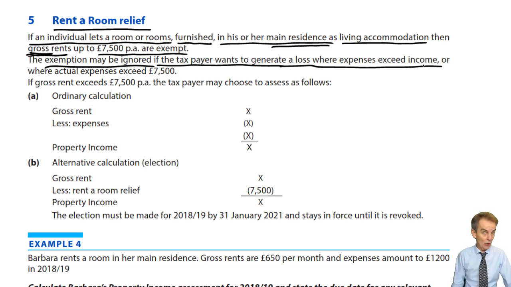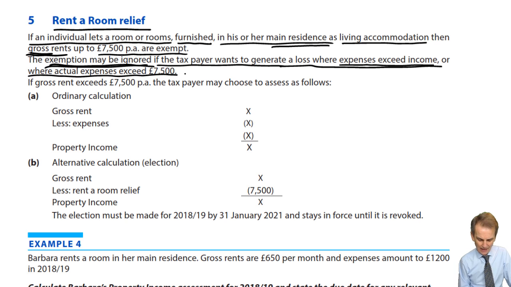Therefore, again, generosity on part of HMRC, they are allowing you here to ignore this exemption. You can elect to ignore that exemption. And why would you do it? Basically, where expenses exceed income or where your actual expenses exceed £7,500.